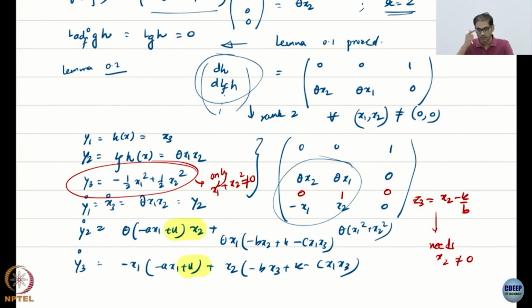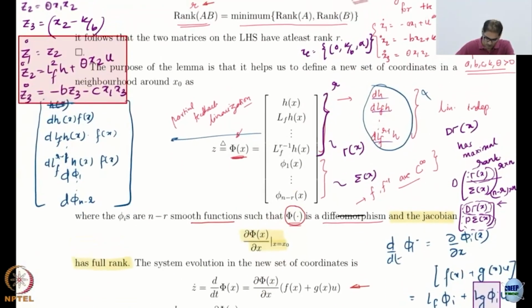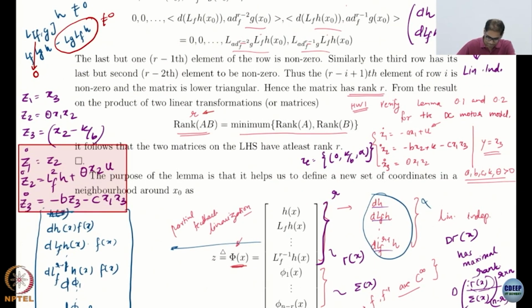Although this is a restrictive choice, it still gives us the normal form, which is why it is also an important transformation. This transformation for the DC motor system is what gives you the normal form.